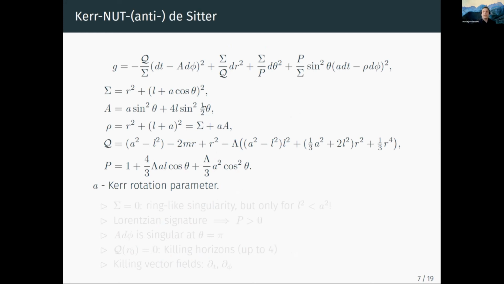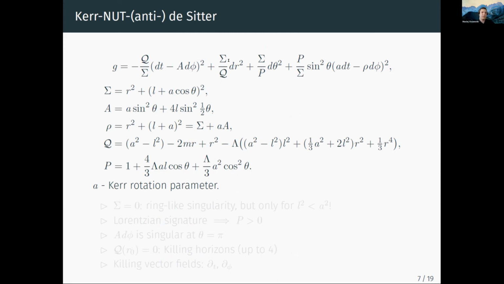So we are focusing on adding more parameters to this spacetime, and the natural extension is to add the Kerr rotation parameter and also a cosmological constant, resulting in a Kerr-NUT anti-de Sitter spacetime. Let me talk about some features of this metric.